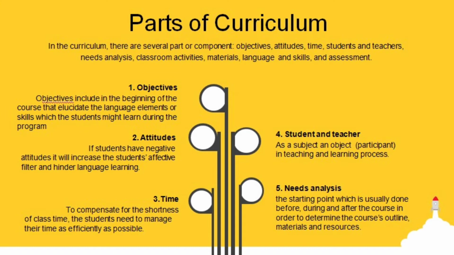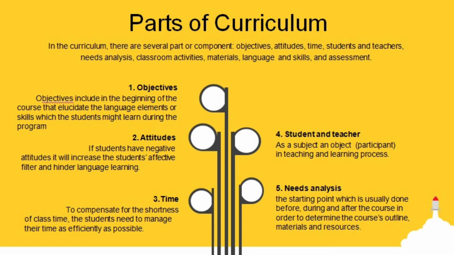It is very important because if students have negative attitudes, it will increase the student's affective filter and hinder language learning. Third, time. To compensate for the shortness of the class time, the students need to manage their time as efficiently as possible.